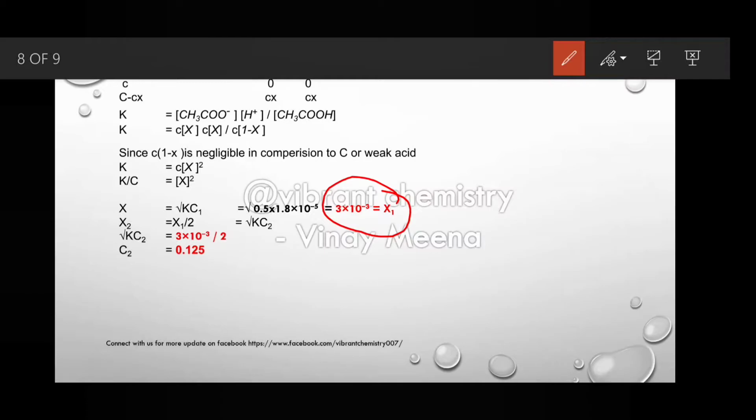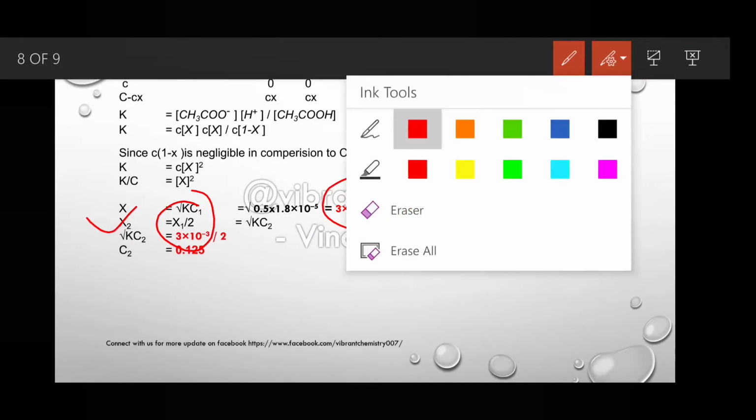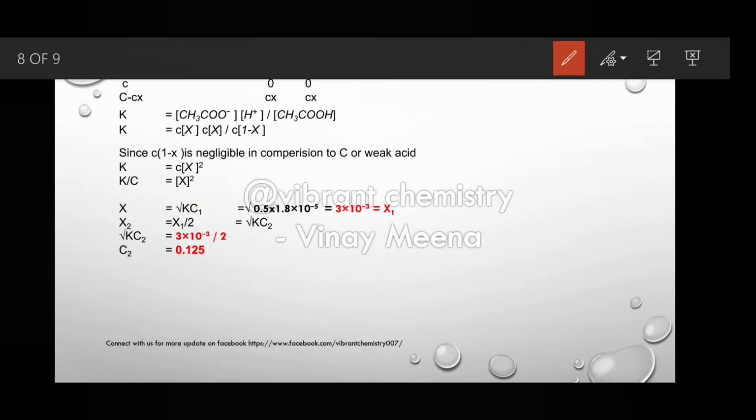Now when you dilute this solution, the concentration of the H positive ions becomes X1 by 2, that is, it is decreased by a factor of 2. So I can write X2 equal to under root of K into C2.